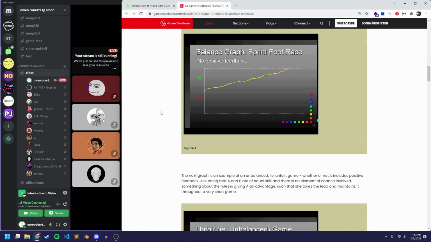This is a good way of looking at how games progress over time and talking about the balance of the game. So here's the example of a foot race, and it says no positive feedback. Essentially in a foot race, you have two people, A and B, and they just run in a direction, and presumably one of them is going to be faster, and they're just going to keep pulling ahead until they win 100% of the race.